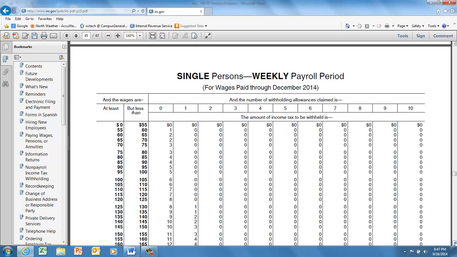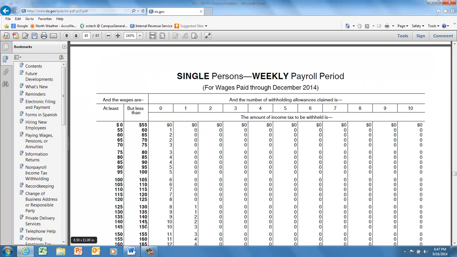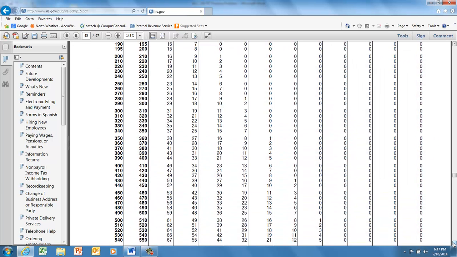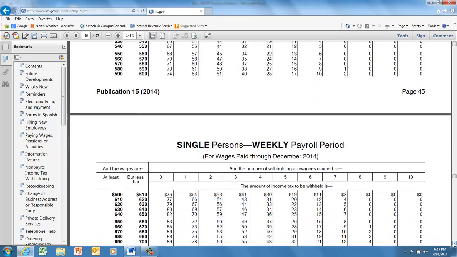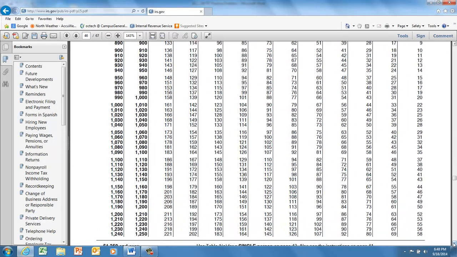He had $1,040 of wages, and again he was single with 2. So we're going to scroll down till we get to the 1,040.